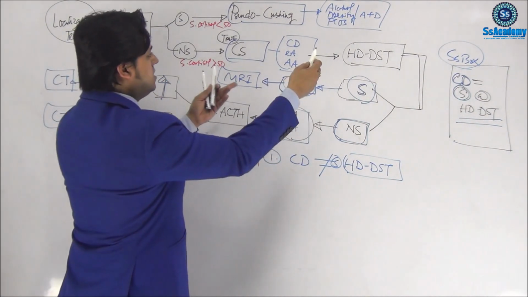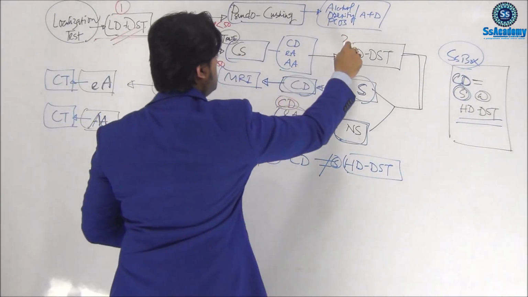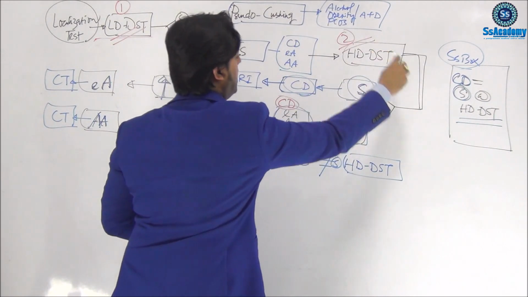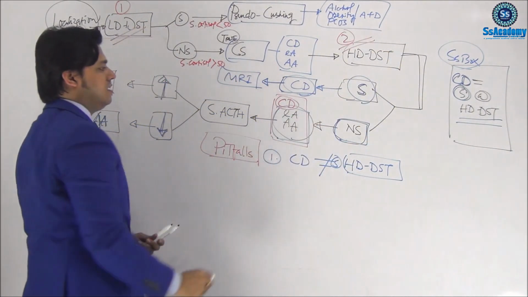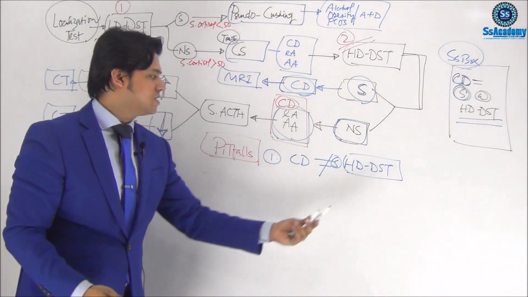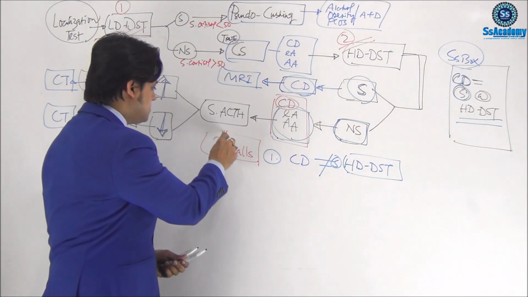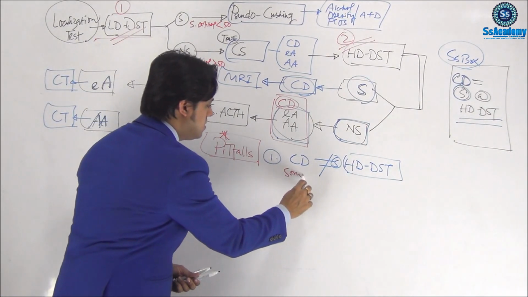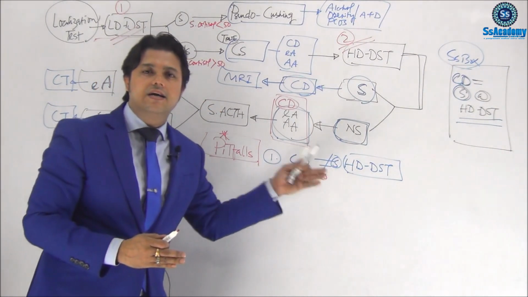So doing the number 1 test, LD-DST, and the number 2 test, HD-DST, has no benefit at all. Altogether here you see the CD, E and A, not suppressed. We talk about the pituitary Cushing disease, sometimes, this is the pitfall. Sometimes the pituitary Cushing disease is not suppressed at the HD-DST.